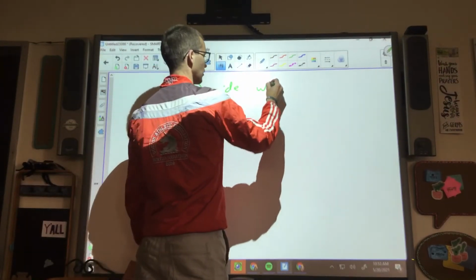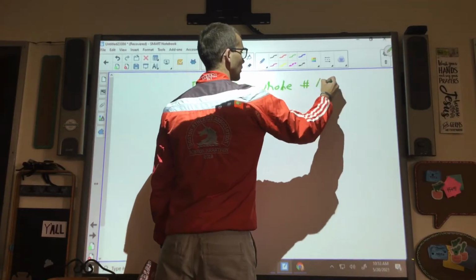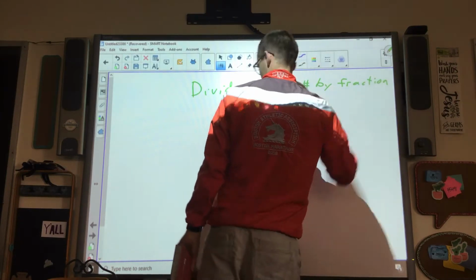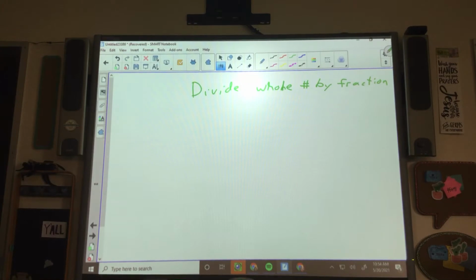Divide a whole number by a fraction. Again, we're going to do this the quick way because I don't want to do it the long way.